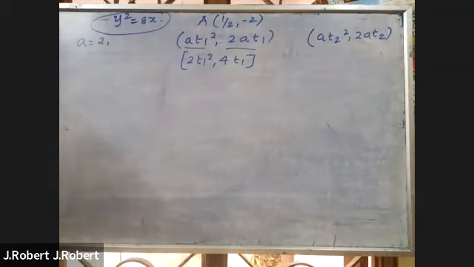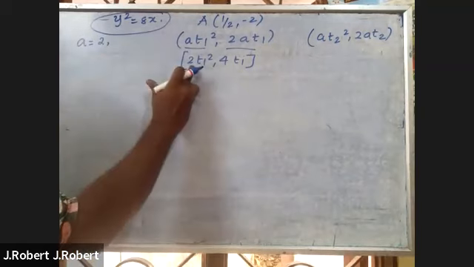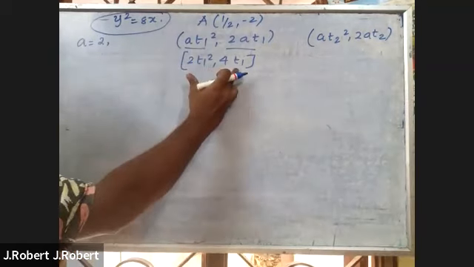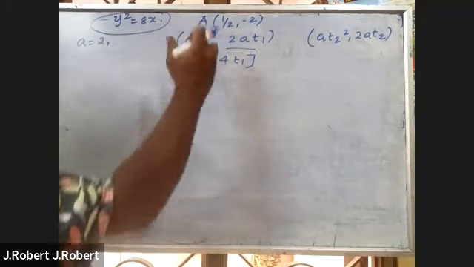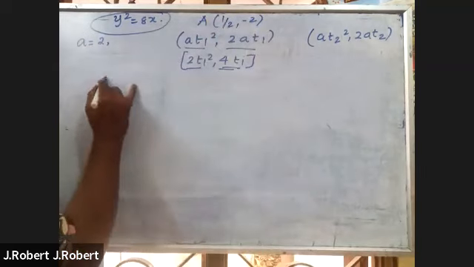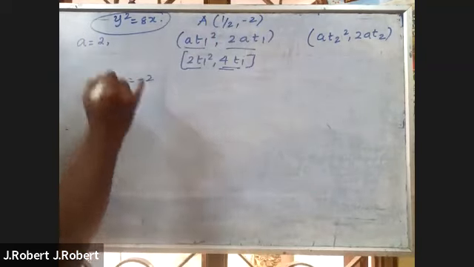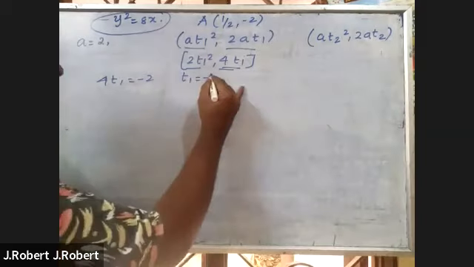So your a value is equals to 2. Now comparing with 1 by 2 comma -2, we'll get 4t1 is equals to minus 2. From this, we'll get t1 is equals to minus 1 by 2.